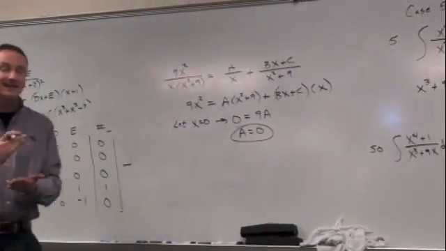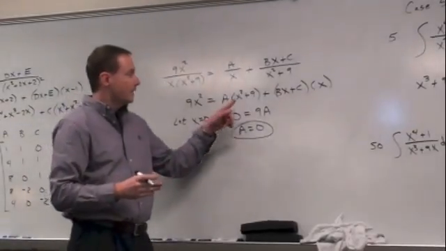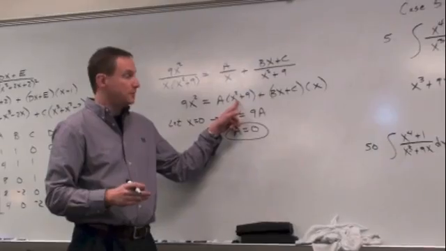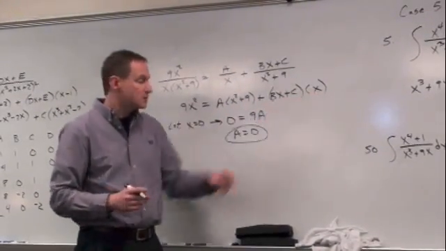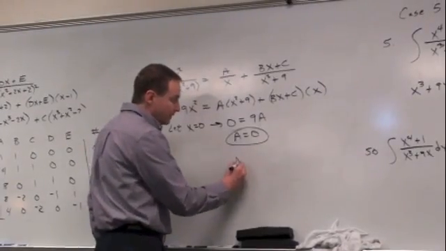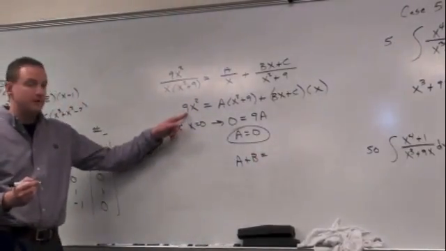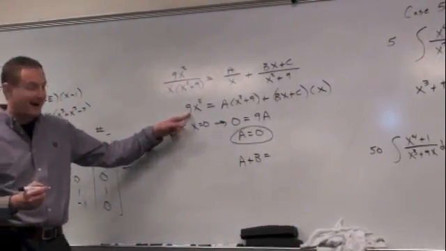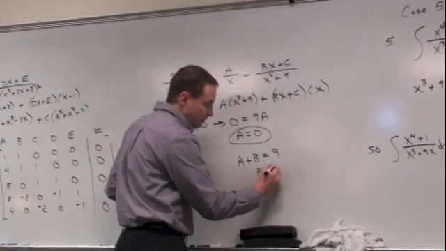Because now I can take that information along with being able to see that A is a coefficient of x squared. B is also going to be a coefficient of x squared. So I know A plus B absolutely has to equal the coefficient of x squared on the left, 9. I already know A is 0, so B is 9.